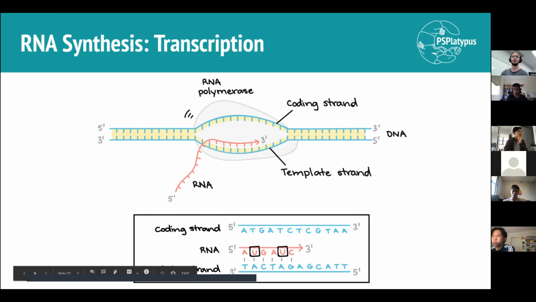And so that's quite important to remember. If it asks you, this is the sequence on the coding strand of DNA, what will the resulting mRNA strand read? You would go, well, it's the same, except that instead of thymines, it's uracils. You wouldn't go, well, I remember that they're complementary, so I'll switch them around. That's not how it works. RNA is the same sequence as the coding strand, but with uracils instead of thymines.